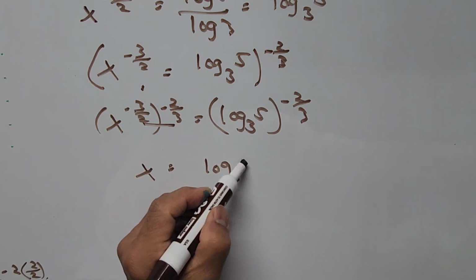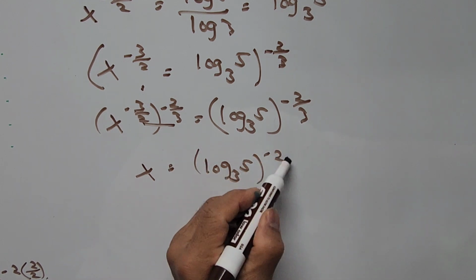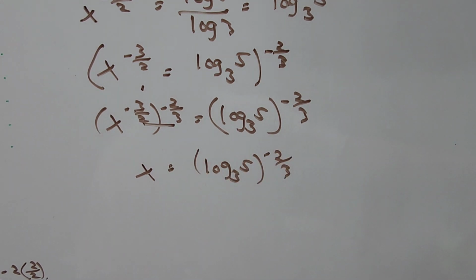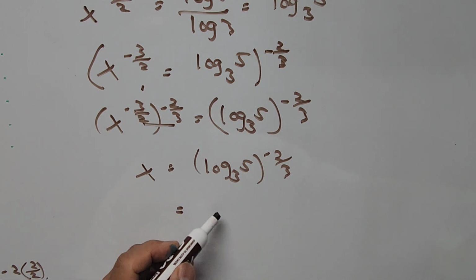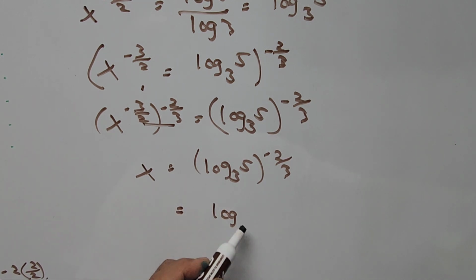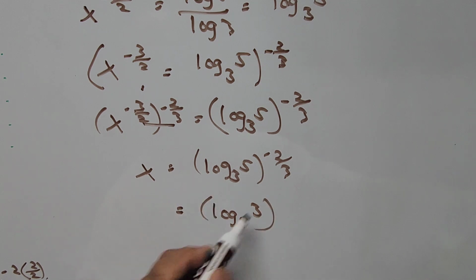log base 3 of 5 to the power of -2/3, or this can be written the same way as log base 5 of 3 to the power of +2/3.